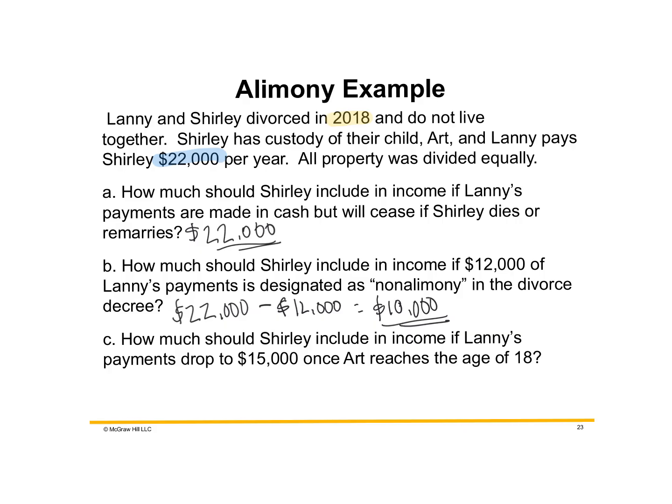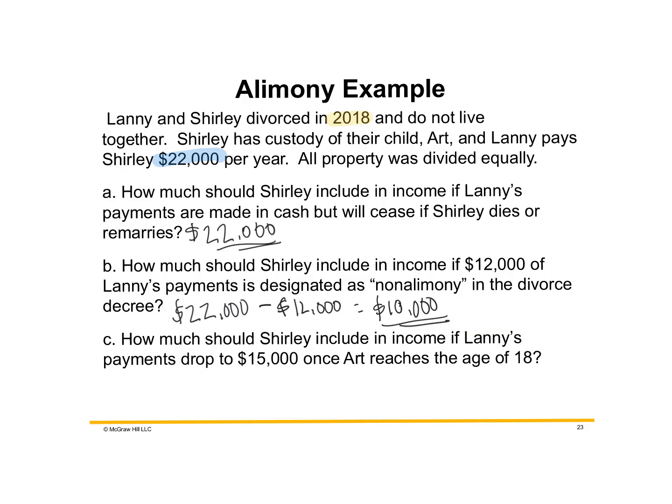All right, now part C, and this is independent as well. How much should Shirley include in income if Lanny's payments drop to $15,000 once Art reaches the age of 18?